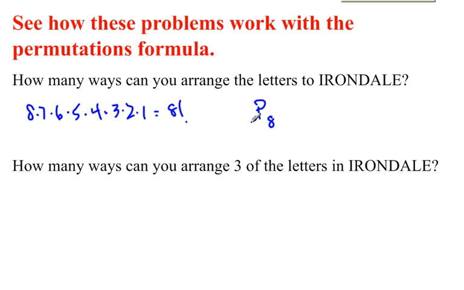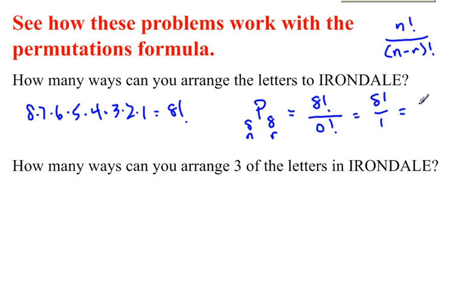I'm choosing 8 of 8 letters, and if I use the formula, n factorial over n minus r factorial, we're going to have on top 8 factorial, and on bottom we're going to have n minus r. Well, n is 8 and r is 8, so 8 minus 8 is 0 factorial, which we just said was 1, and we get the same answer that we had yesterday.